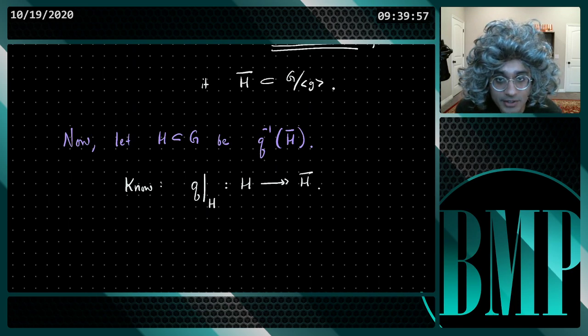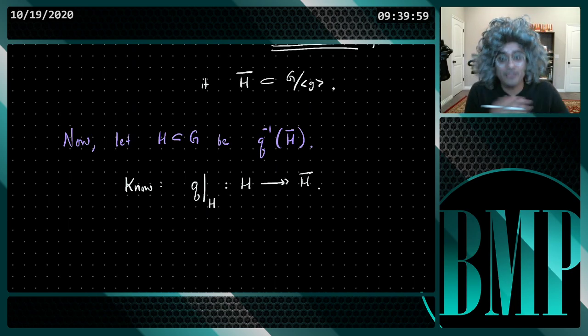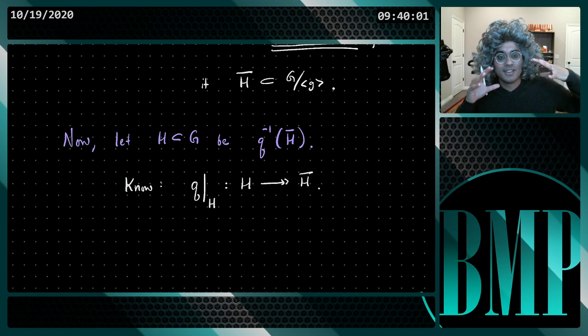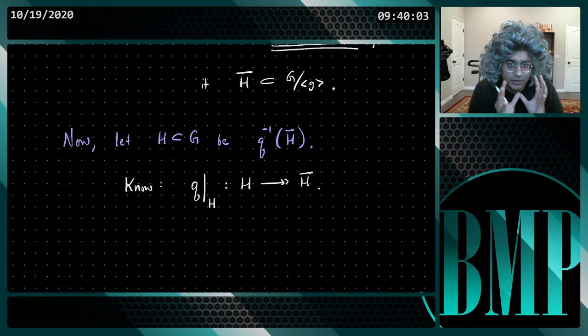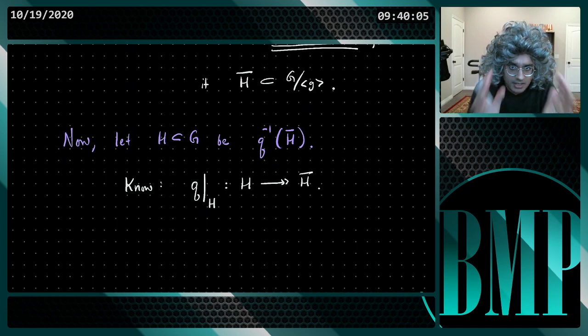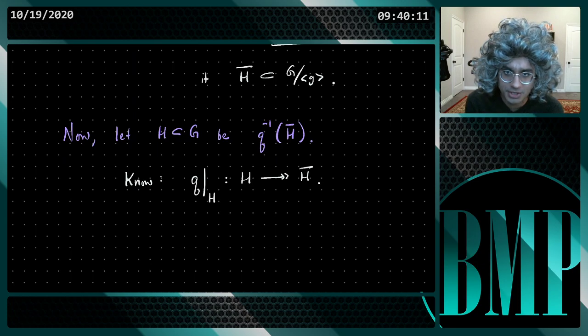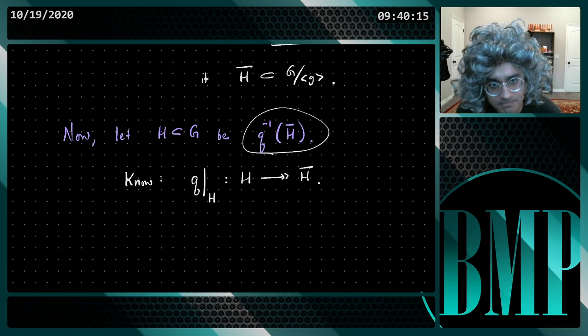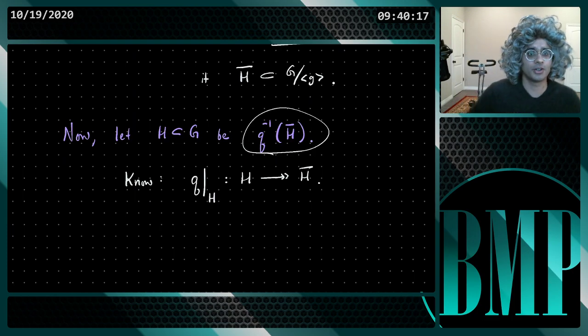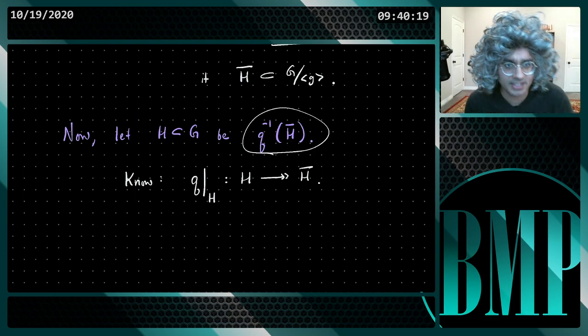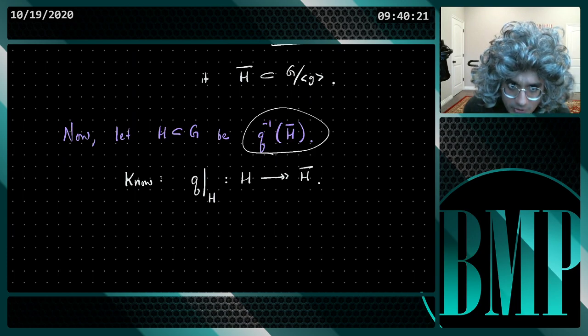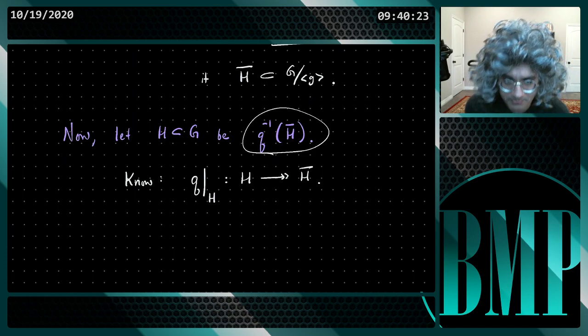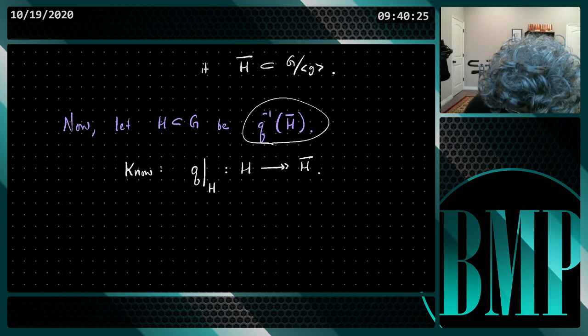Whenever you take a preimage group, you can think of the homomorphism only restricted to that preimage, and you get a homomorphism from H to its image, H bar. It's surjective by definition of preimage. So we have this surjective map from H to H bar. And what do we know about the kernel?